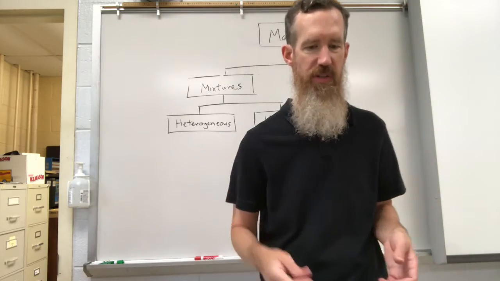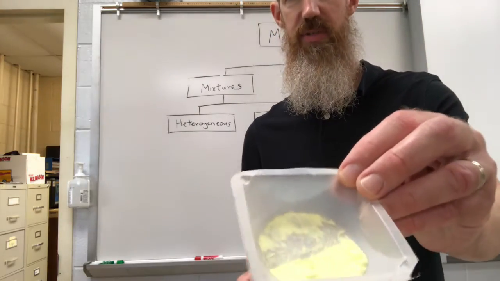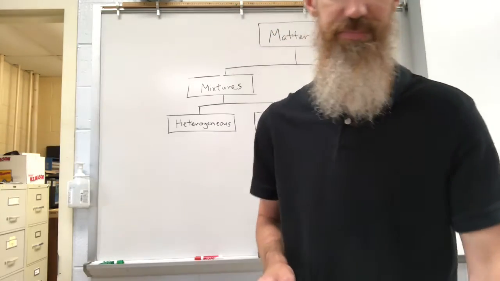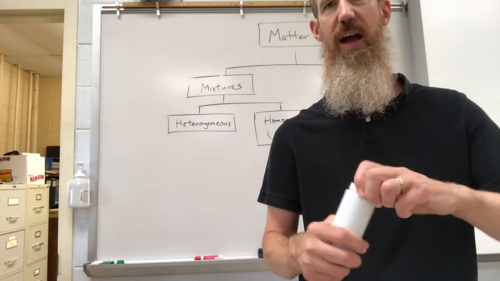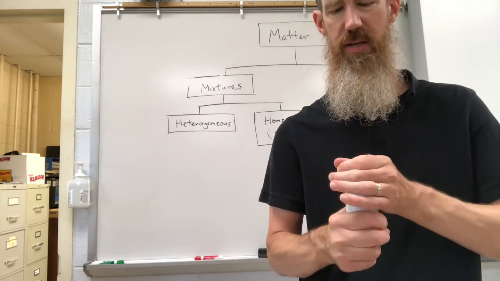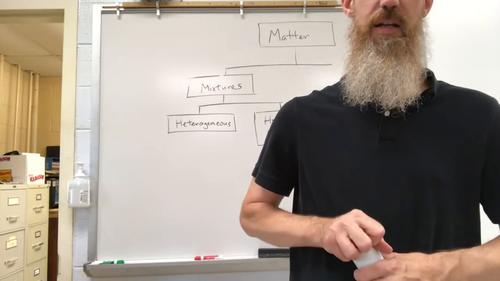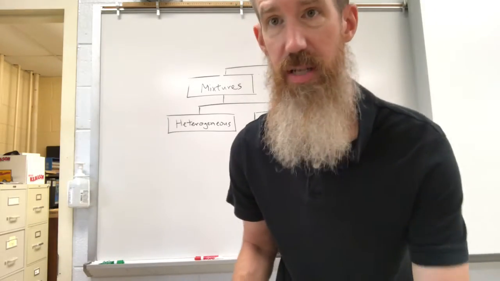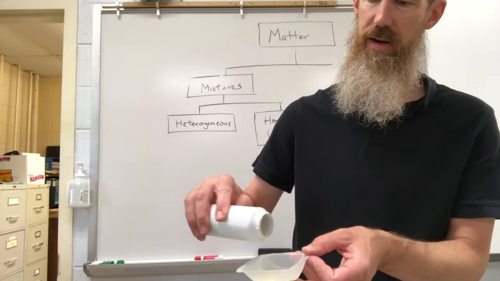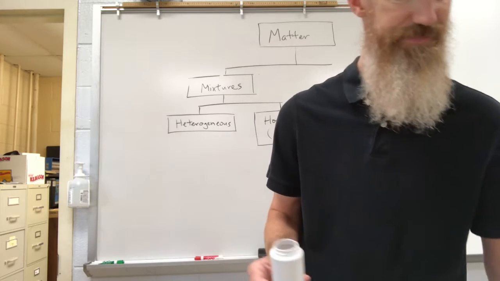Simple illustrations for this. I have, again, our friend sulfur in a dish, and I have iron filings, so little bits of iron. What I'm going to do is put a little bit of the iron into the sulfur.